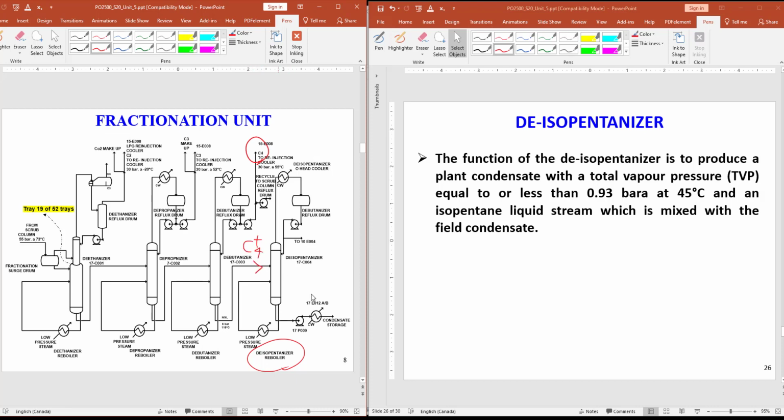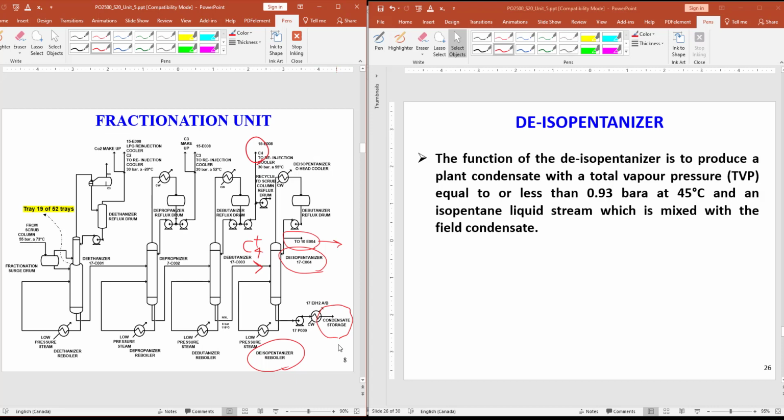So the majority of what remains is molecules heavier than butane, like isopentane. We send this to another column, another unit that we call the De-isopentanizer unit. We send it to this unit and separate the butane at the top from the heavier molecules.